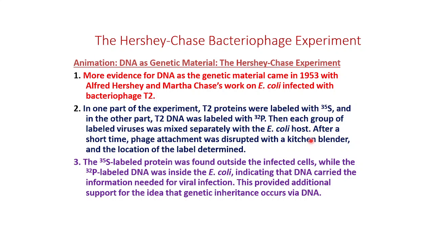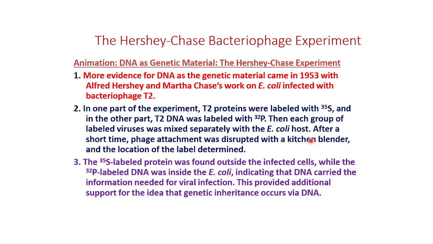What he saw was that the S35 labeled protein was found outside the infected cells, while the 32P labeled DNA was inside the E. coli, indicating that DNA carried the information that was needed for the viral infection.